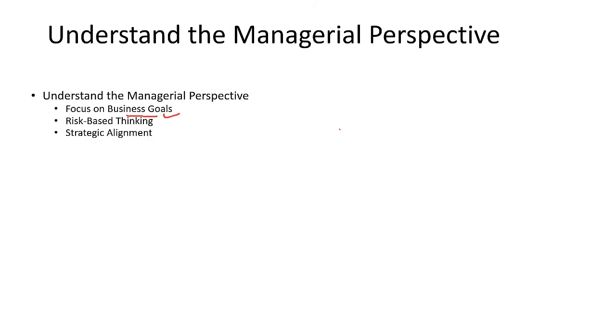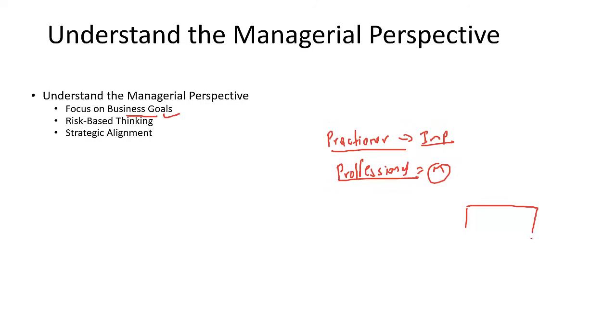Normally we have 2 types of profiles in the company. One is called a practitioner and one is called a professional. The practitioner is the one who implements the solution, and the professional is the one who manages. Every organization starts with strategy, then we have a tactical plan, and then an operational plan.